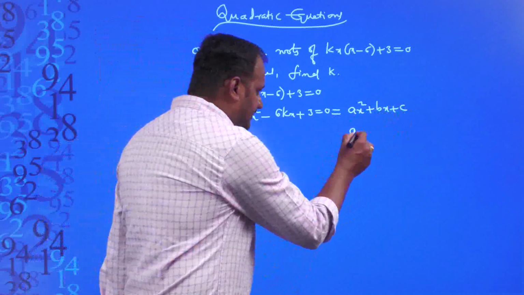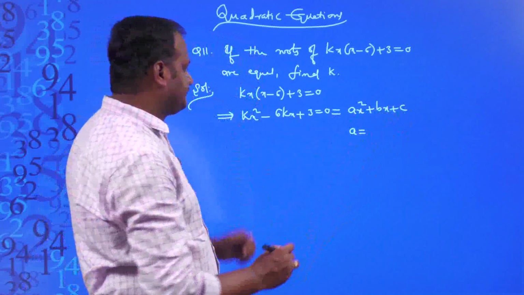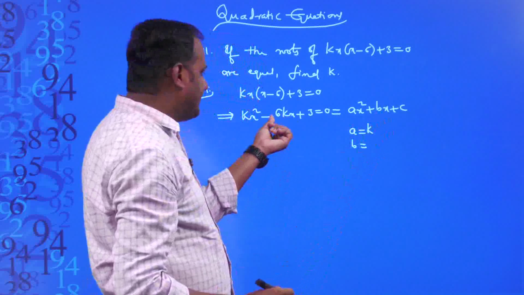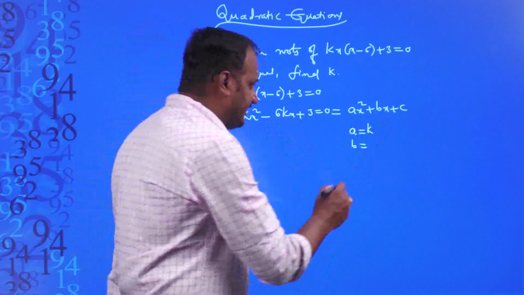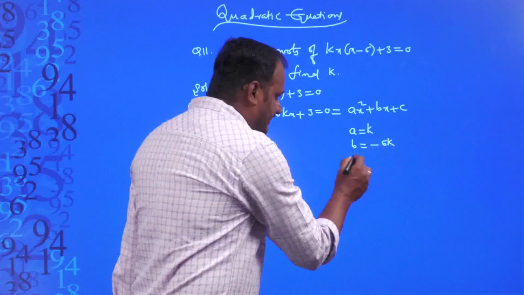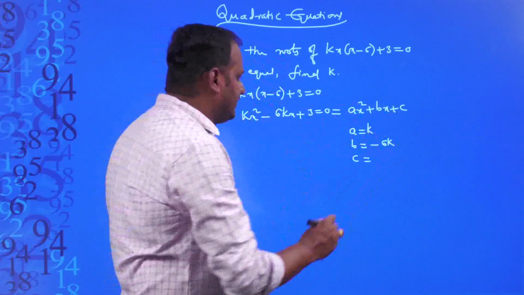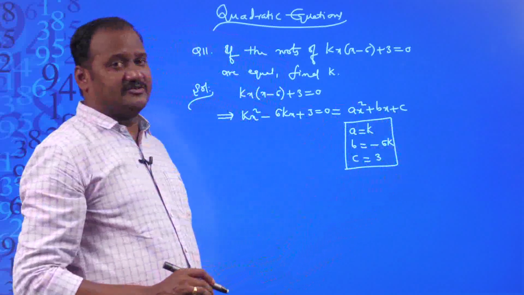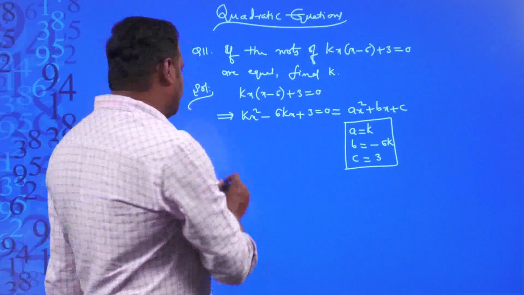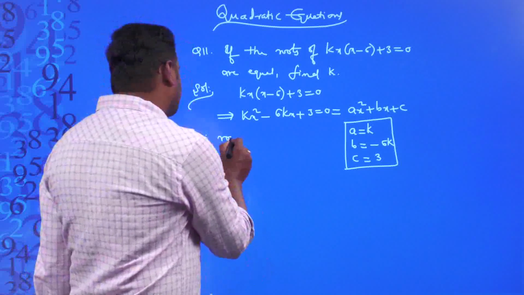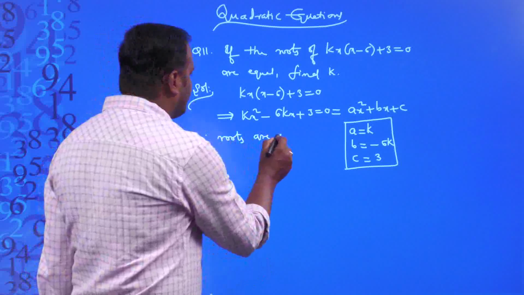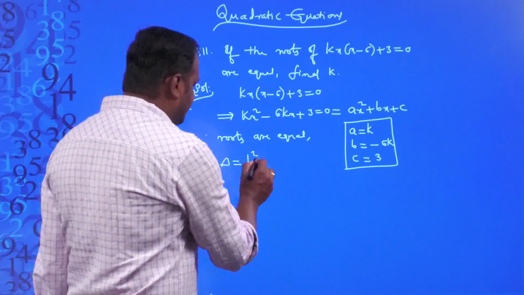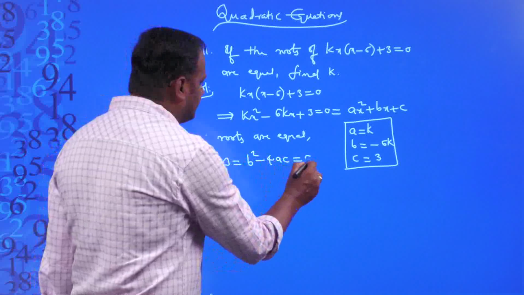Here the value of a is the coefficient of x square, that is k, and b is the coefficient of x, that is minus 6k, and c is equal to 3. After identifying the values of a, b, c, since the roots of this quadratic equation are equal, delta, that is b square minus 4ac, is going to be 0.